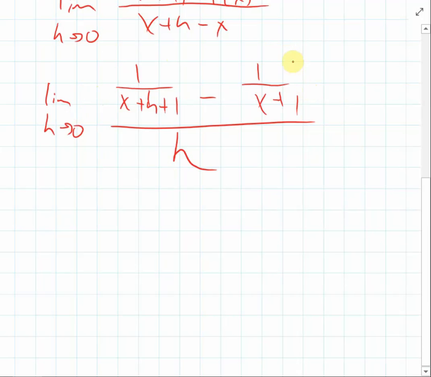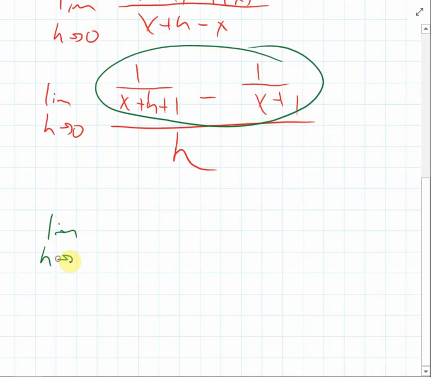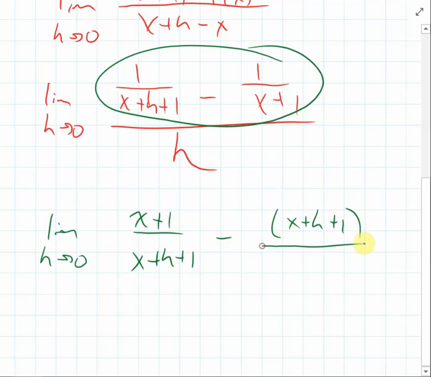So maybe if we look above here, why don't we make some common denominators in that portion?